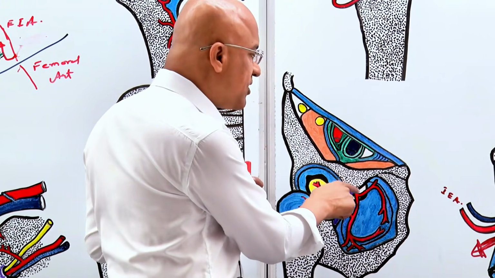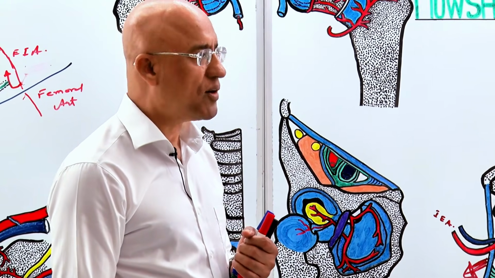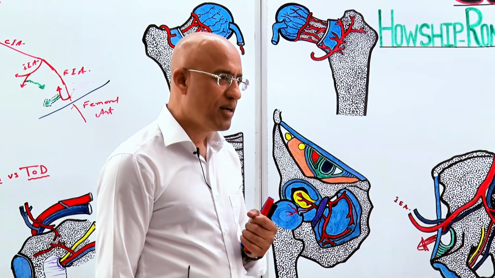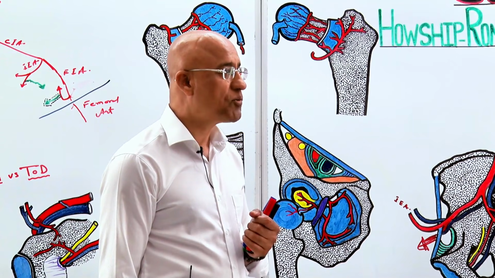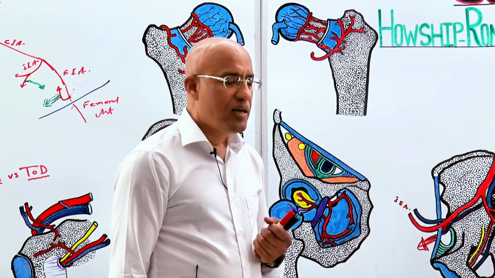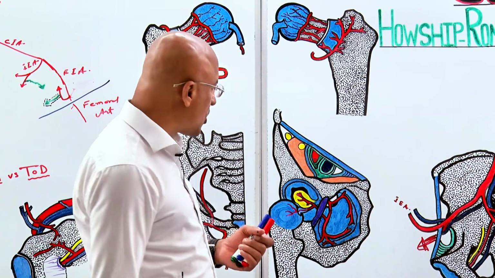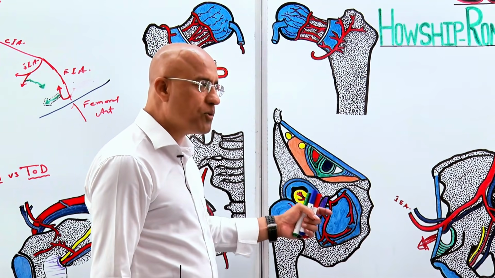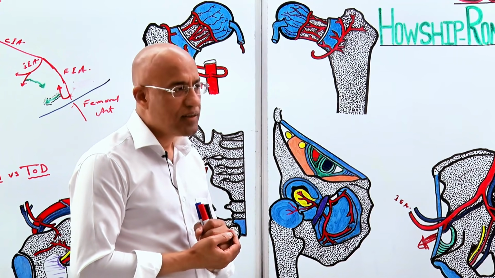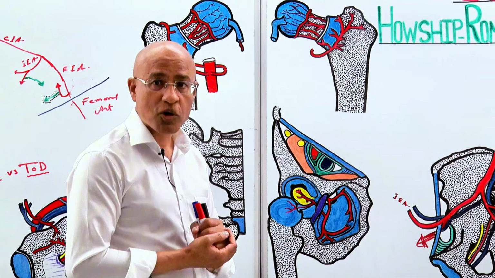But before we discuss these things, let's go back and talk about this obturator artery, which has two areas. Number one, its initial area, traveling in the pelvis. So this artery has an intrapelvic course, and then once it crosses the obturator canal and exits into the medial compartment of the thigh, we say it has an extrapelvic course.